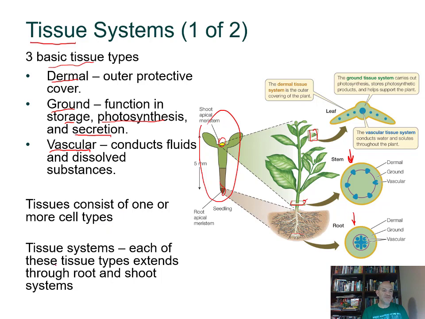The tissue systems themselves, vascular tissue and ground tissue, extend from the roots underground all the way to the shoots above, continuous but branching. Vascular tissue takes water and minerals up, and eventually they end up branching out into the leaves. So these would be systems of tissues.